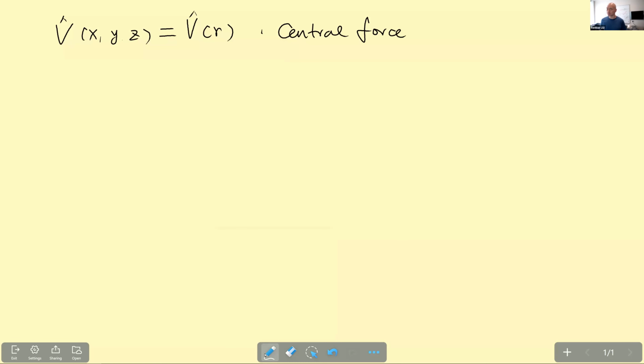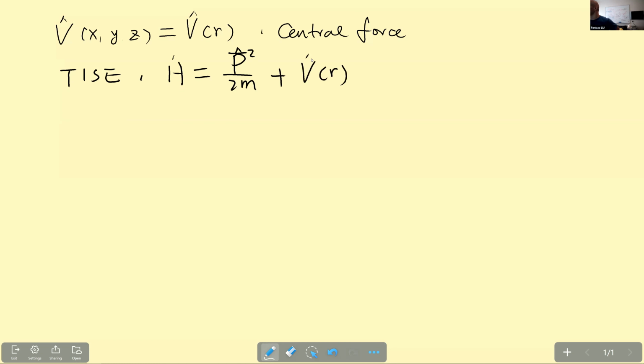Okay, and then in this case, the Schrödinger equation has a rotation symmetry, right?